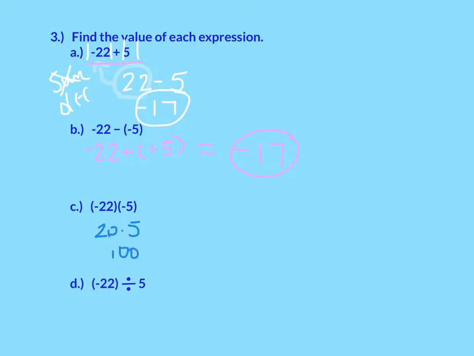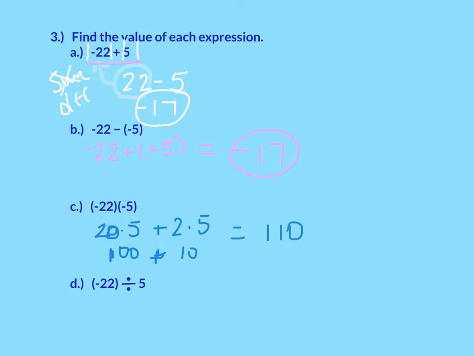If you didn't forget about that, I hope, from the last unit. So 20 times 5 is 100, and 2 times 5 is 10. So I add those together, so I know that my answer is going to be 110.